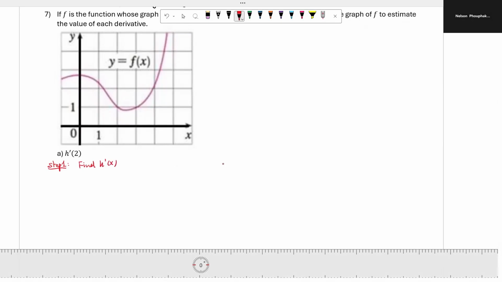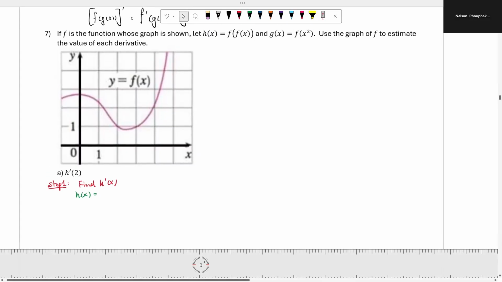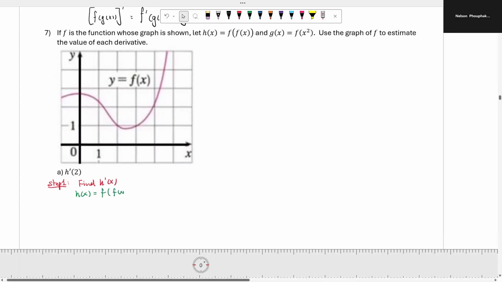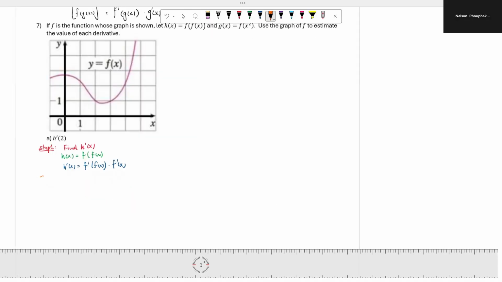We have h of x is f of f of x, so of course h prime of x is f prime of f of x times f prime of x. Step 2: h prime of 2 is f prime of f of 2 times f prime of 2.